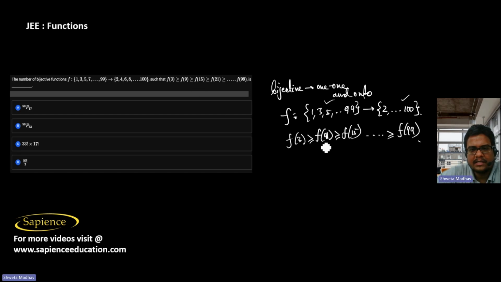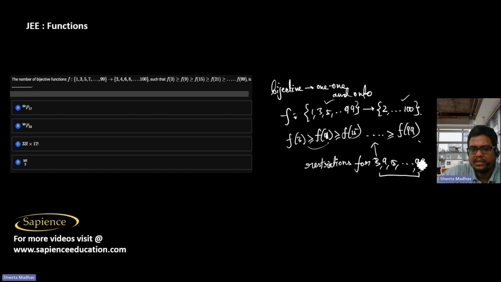So here actually we are adding 6. So how many numbers will be there? These are in AP only. So there are restrictions for 3, 9, 15, etc. till 99. So how many numbers are there here?